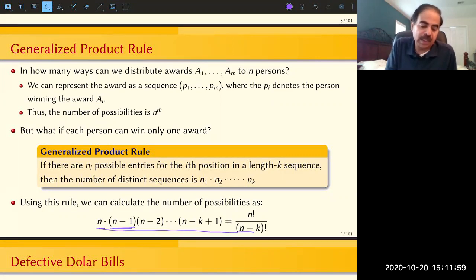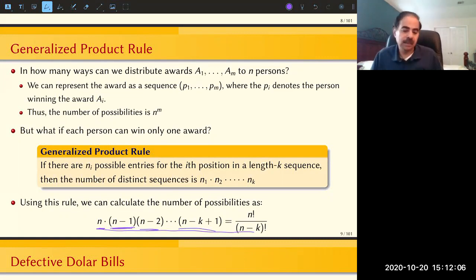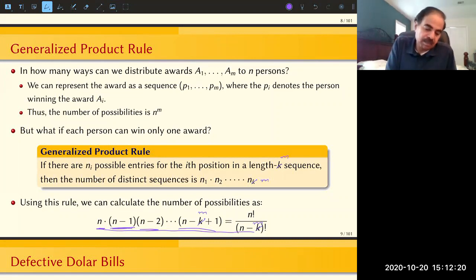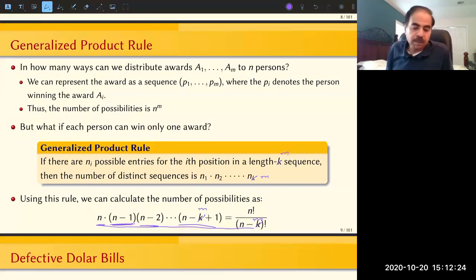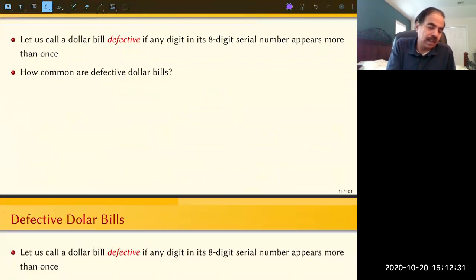So there are only N-1 choices for the second award, N-2 for the third award, and all the way down to N-M, right? This is a formula that comes up when you learn about permutations in school, okay?